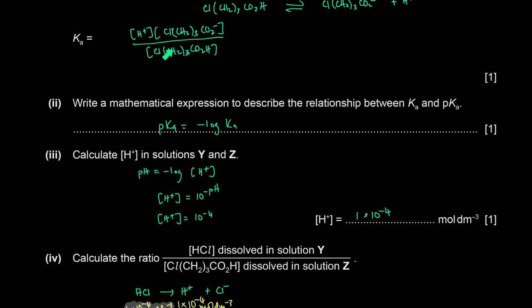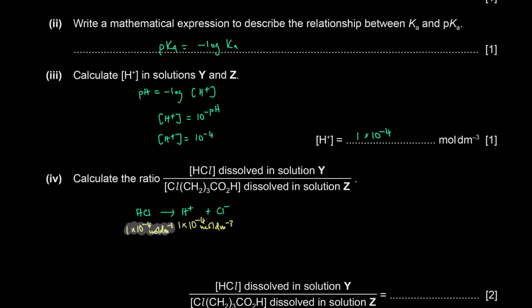So for 4-chlorobutanoic acid, we know that the Ka is equal to the concentration of H plus times the concentration of the conjugate base divided by the concentration of the acid. And we need to find the concentration of the acid here.